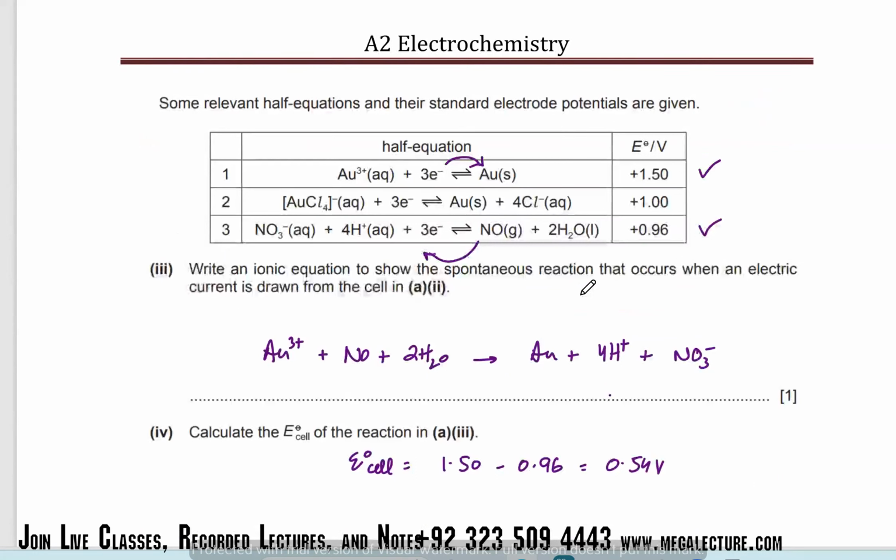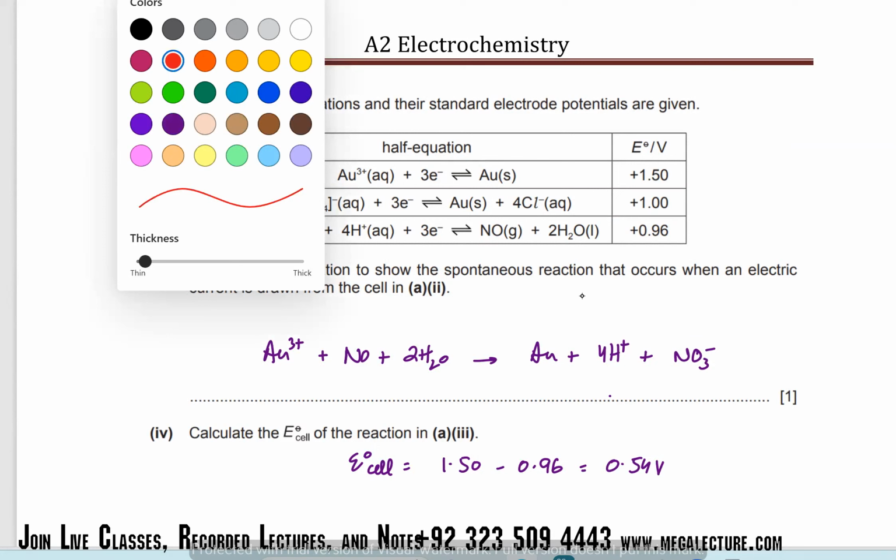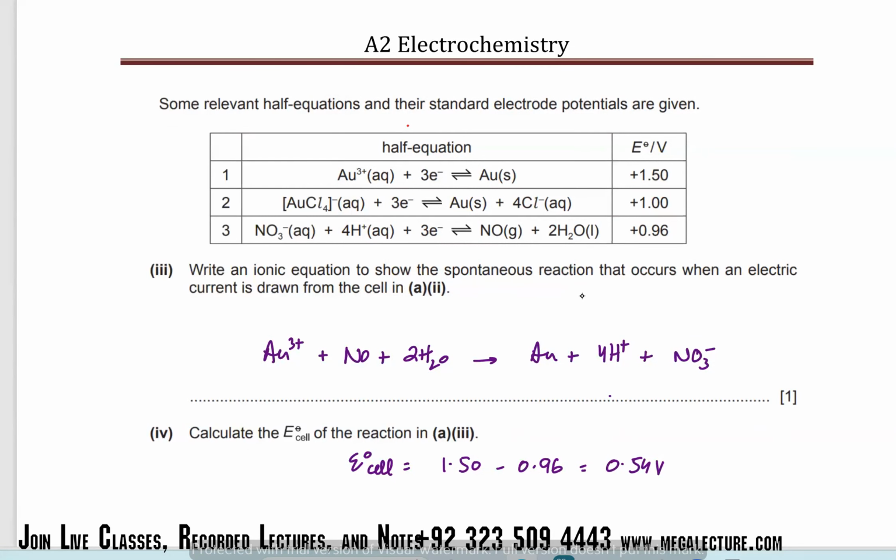So let's come back here, and rub out the previous one. Remember, he says gold can be dissolved, and he's specifically talking about equations 2 and 3. So he wants gold to dissolve, he wants gold to get oxidized, to lose electrons. That's why concentrated hydrochloric acid is added.